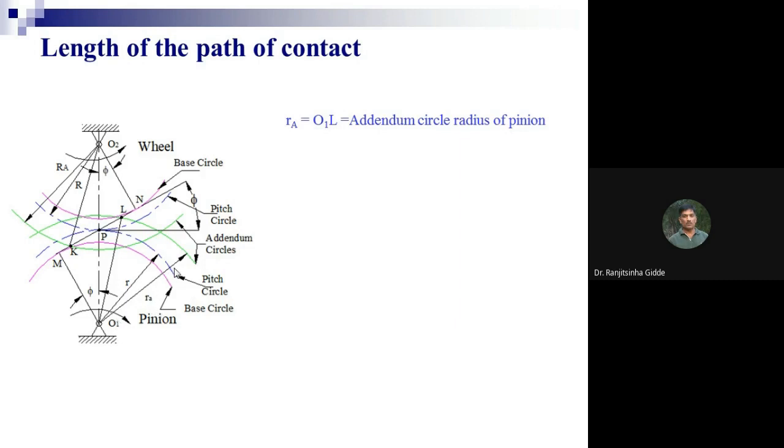What is this RA? O1L. This is O1 and this is L. RA is equal to O1L, the addendum circle radius of the pinion. Next, you can write capital RA is equal to O2K, which is the addendum circle radius of the wheel.